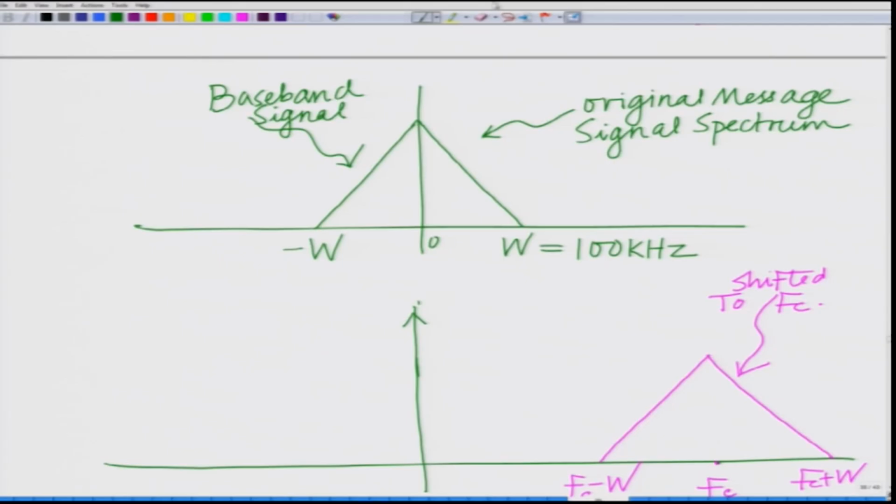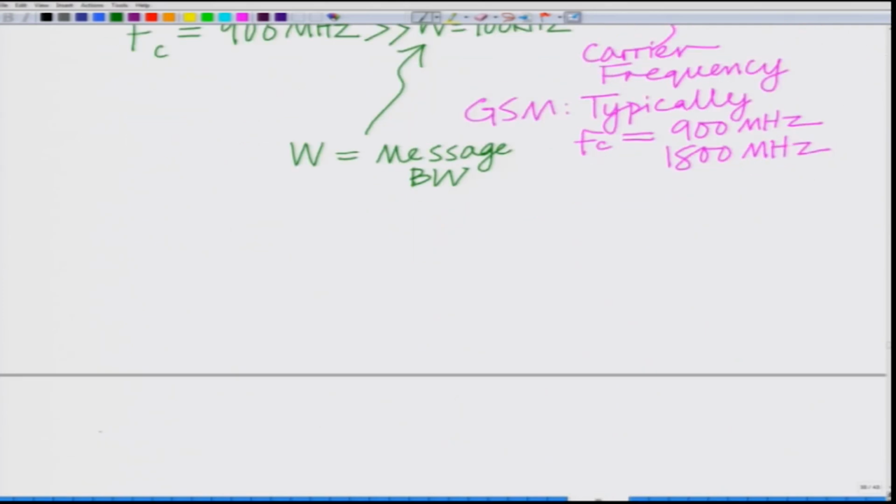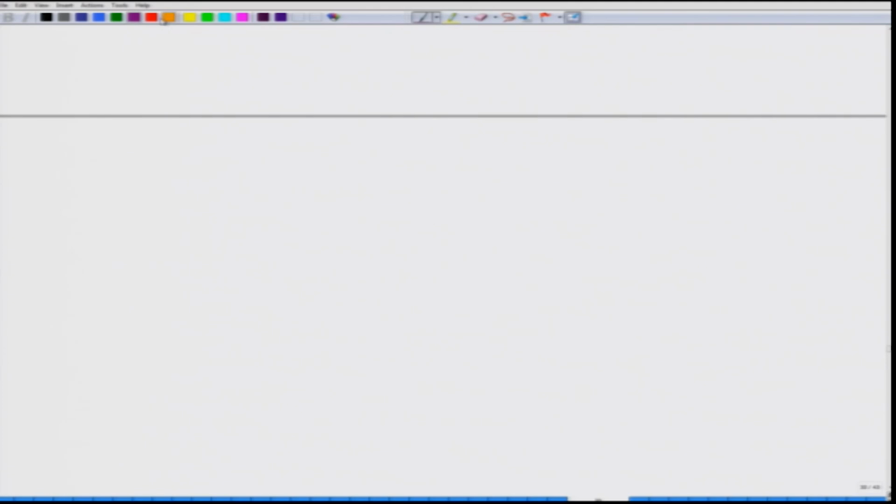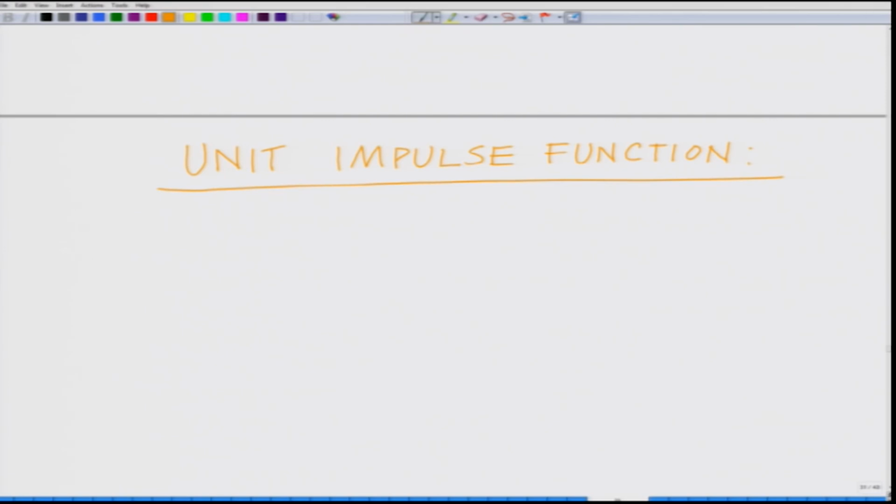Now, let us look at another very special function in both signal processing and communication, for which we want to compute the Fourier transform, and this is basically the unit impulse function. So, let us start looking at another very interesting and important function, which is the unit impulse function.